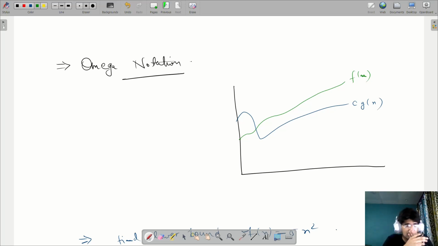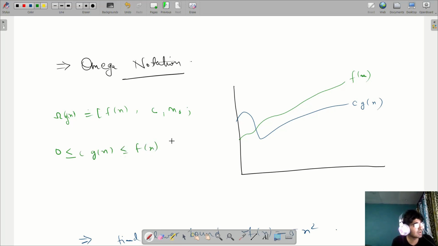So the omega notation can be defined as, this is how we generally write it, Omega(g(n)) will be equal to f(n) such that there exists a positive constant c, and again you will have something called n naught, such that 0 less than or equal to c g(n) less than f(n) for all n greater than or equal to n naught.